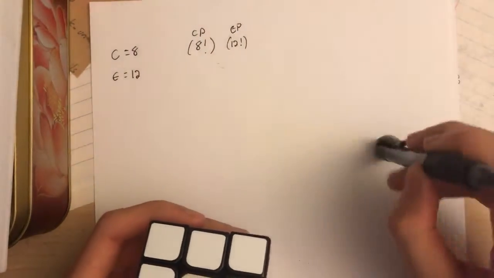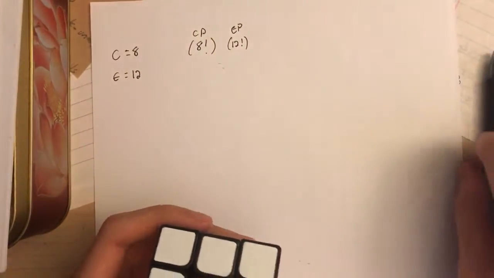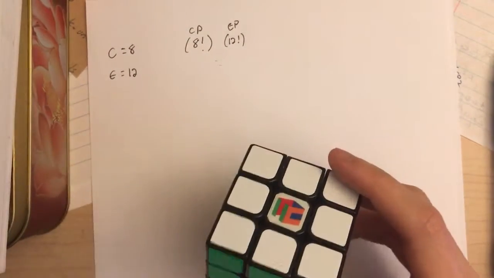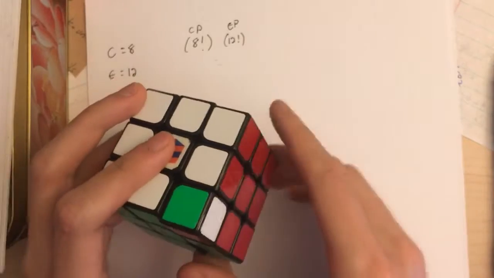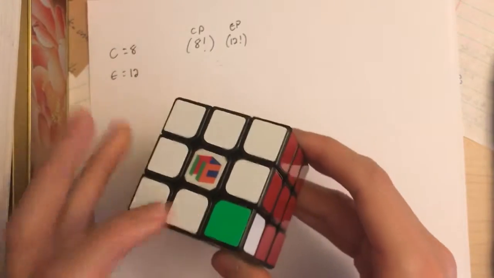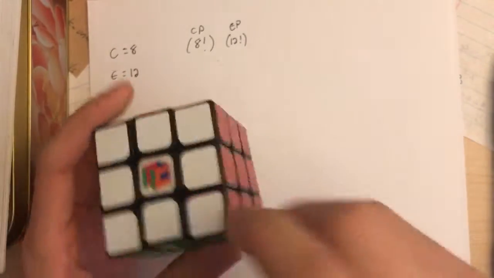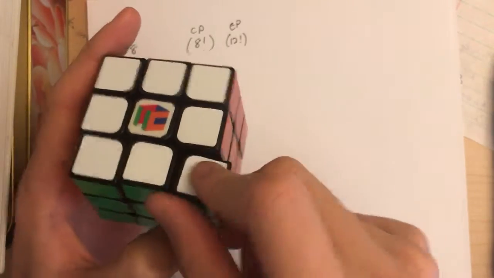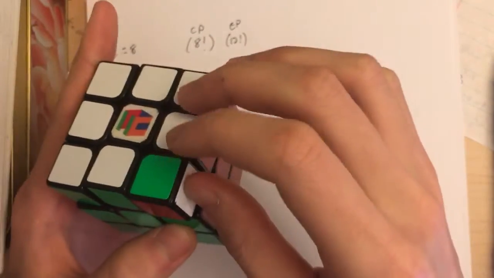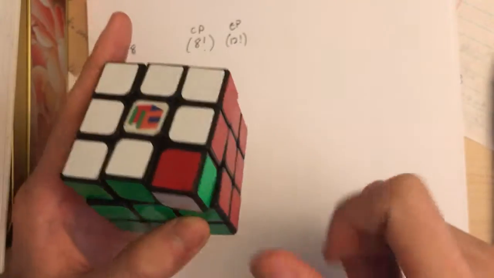Now, this is not the number of permutations for a cube yet, because we forgot to account for corner rotations and edge flips. So for any given corner, there are 3 orbits. There's orbit 1, orbit 2, which is this, and orbit 3, which is that.